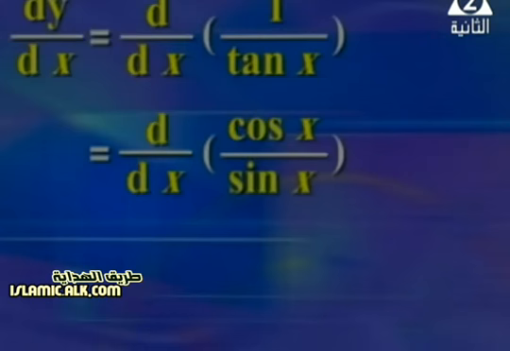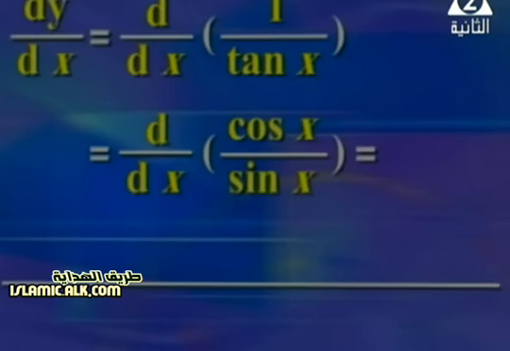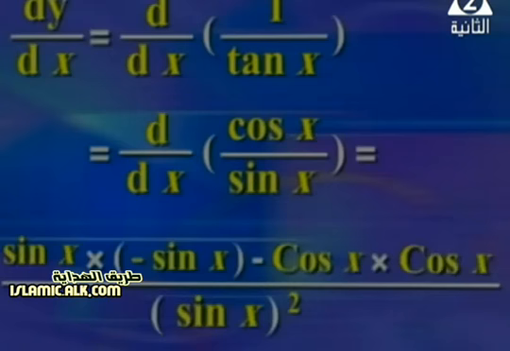Cotangent x is cosine x over sine x. We use the division rule: sine squared x in the denominator, and the answer is negative 1 over sine x all squared.